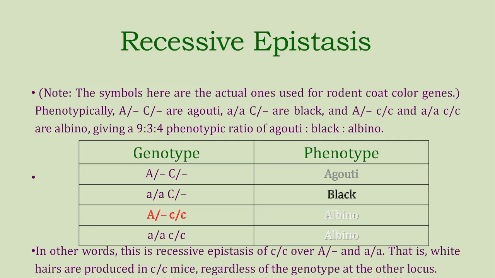So although A is a dominant allele and ideally it should be expressed, as it is an example of recessive epistasis, small c will not allow expression of capital A, and the result will be albino mice. So here the ratio will be modified to 9:3:4, that is 9 agouti, grey color mice, 3 black mice, and 4 white or albino mice.